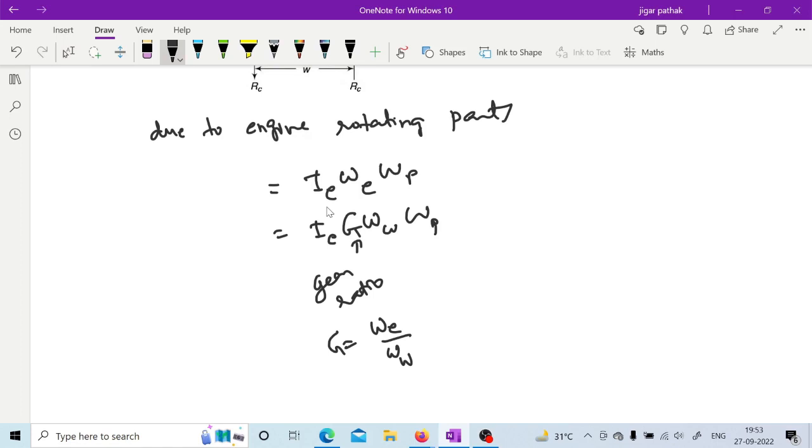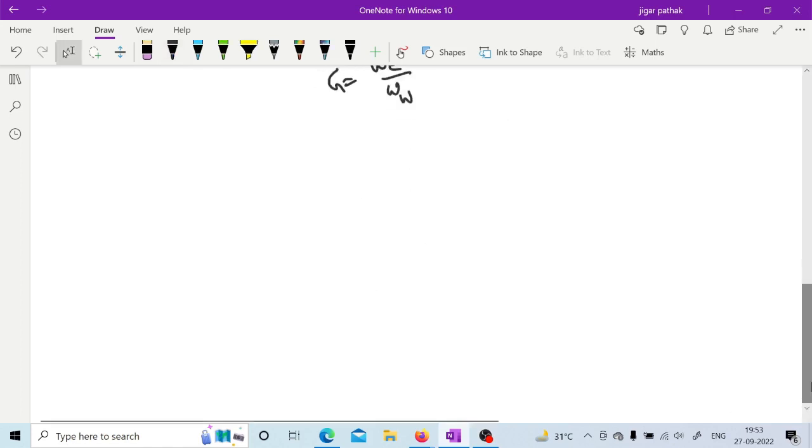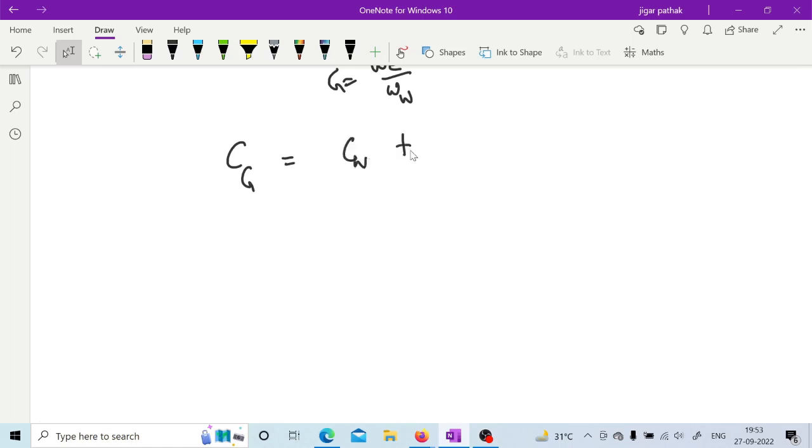So now you have both gyroscopic couples, due to the engine rotating parts and due to the wheel. Due to the wheel which is rotating and due to the parts rotating in the engine, due to both you are having gyroscopic couple. So if you combine them, then Cg will be Cw plus or minus Ce.